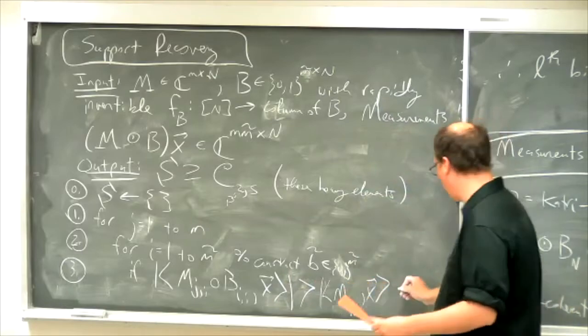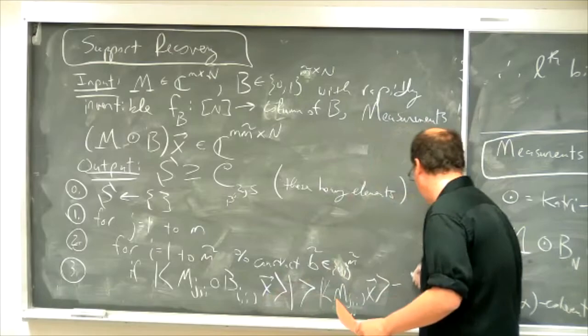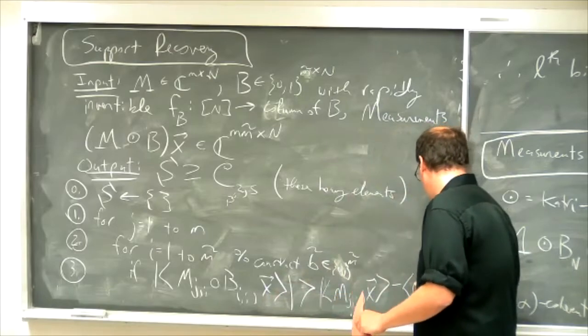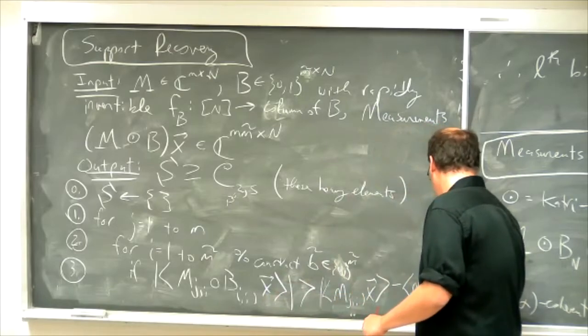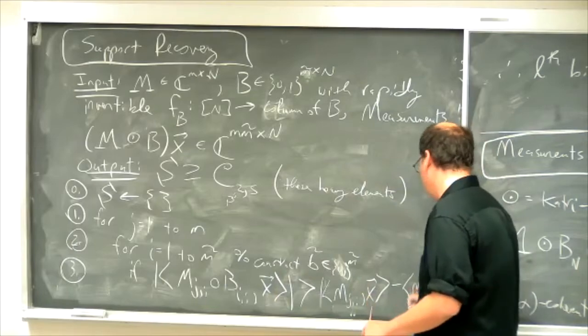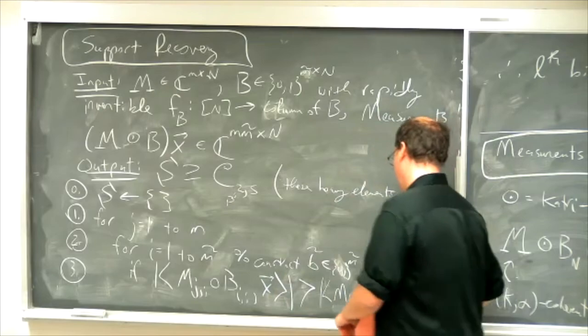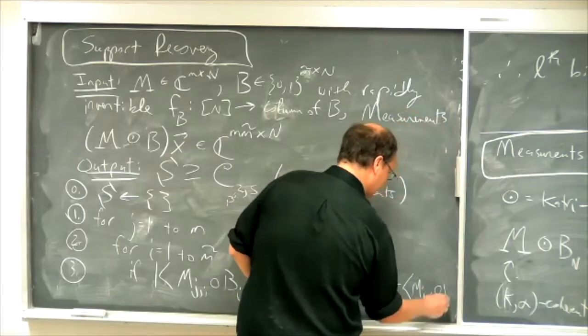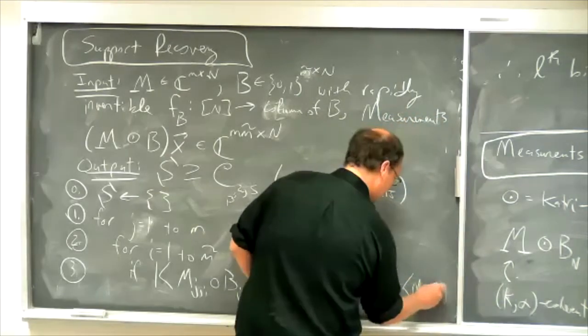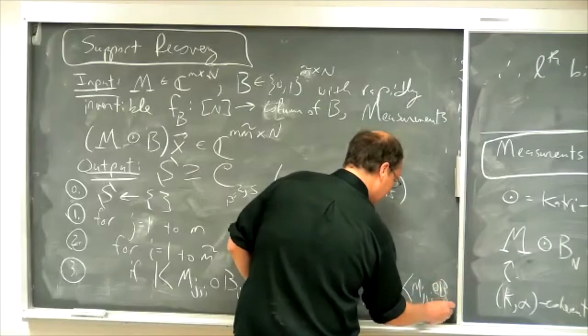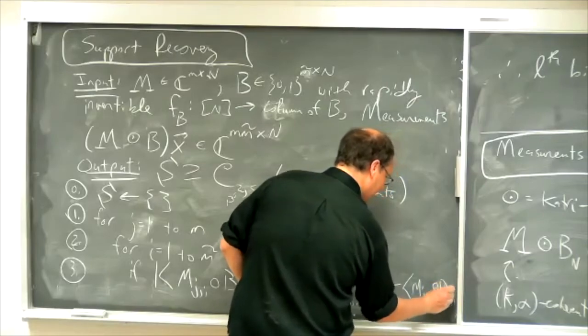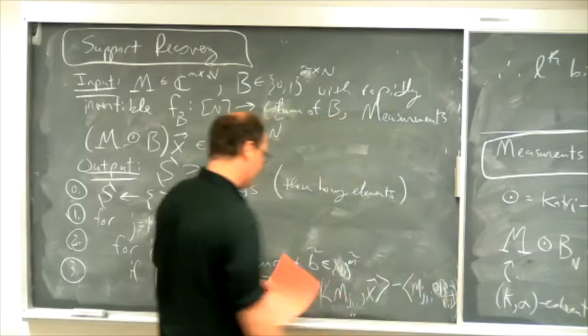And then we're going to subtract off these guys, which we also have. So this is M_j, the jth row of M, Hadamard B_i again, inner product with X. So that's an X, right? Absolute value.